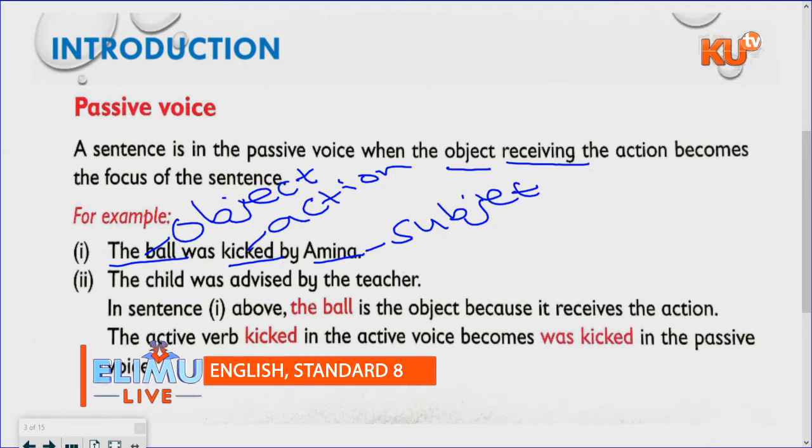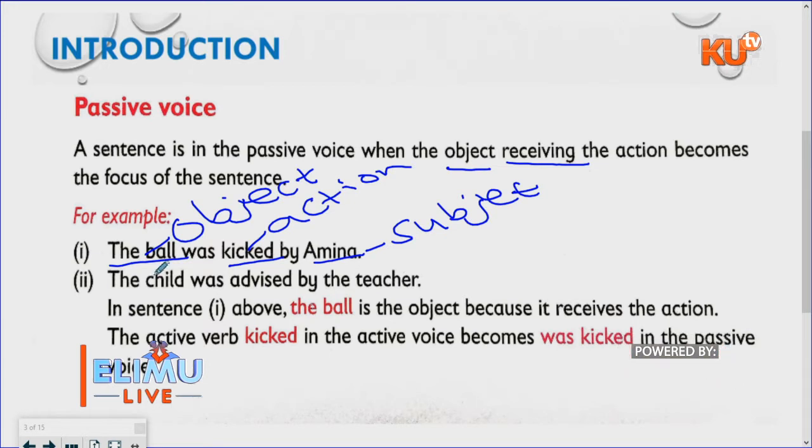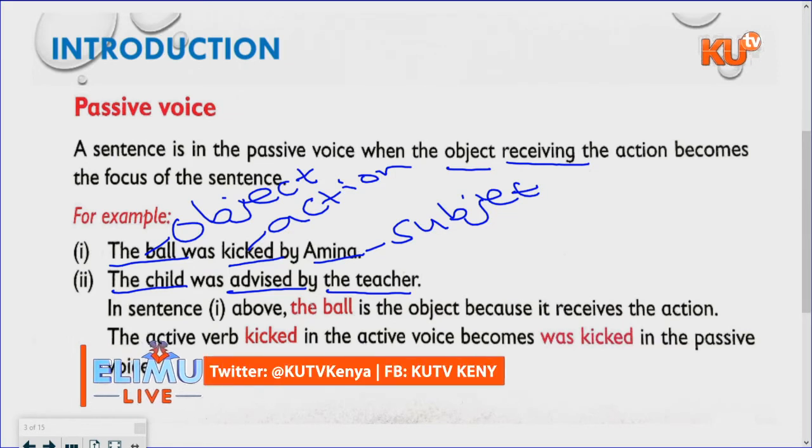Now, our next sentence, the child was advised by the teacher. The child is the object. Advised is the verb. Then by the teacher is the subject of that sentence. So here, the object has become the focus of that sentence, and advised is the action.